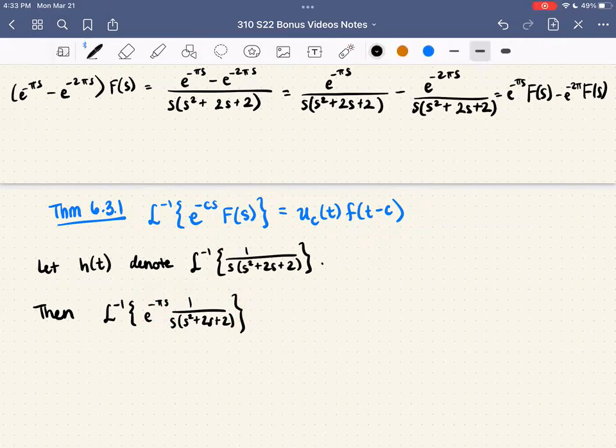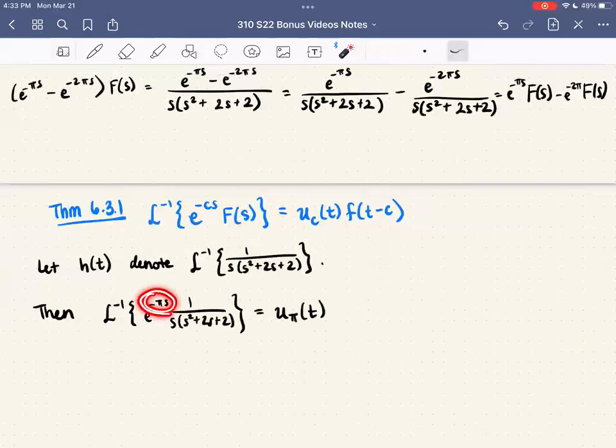So that's going to give me the Heaviside function u pi of t, where the pi is coming from this term here, times the inverse Laplace transform of this function, but shifted by pi. So times h of t minus pi. Remember, I said little h was my inverse Laplace transform.